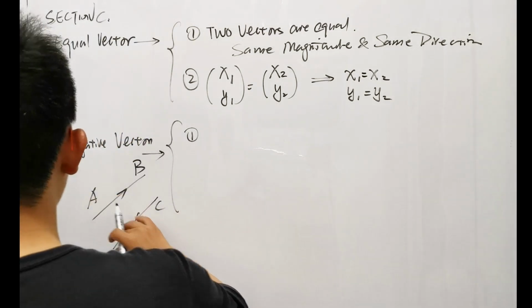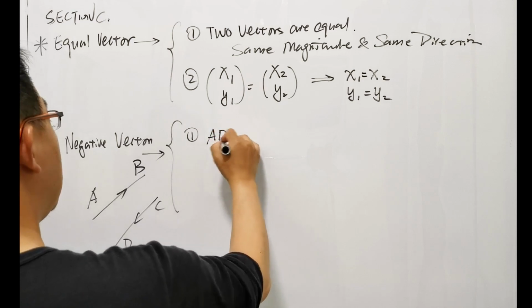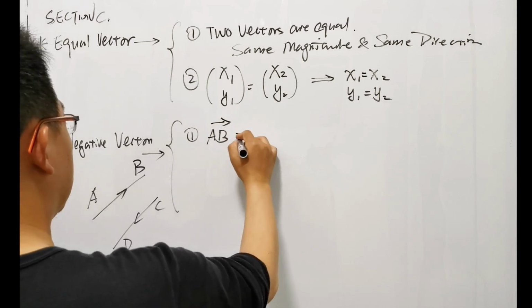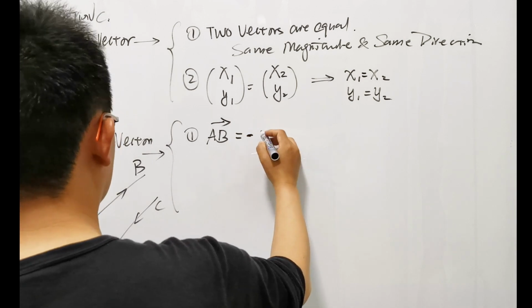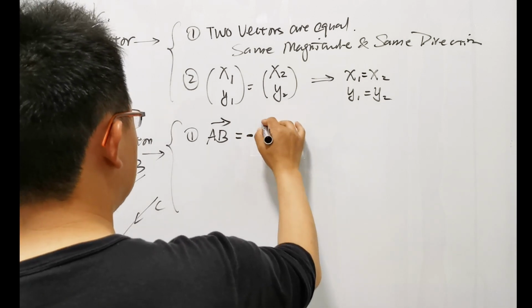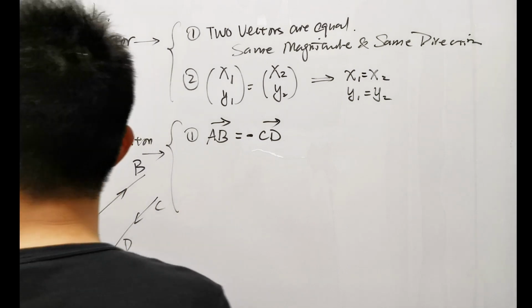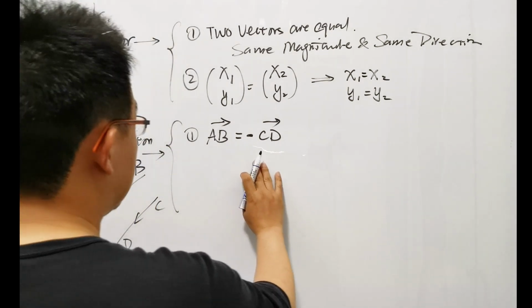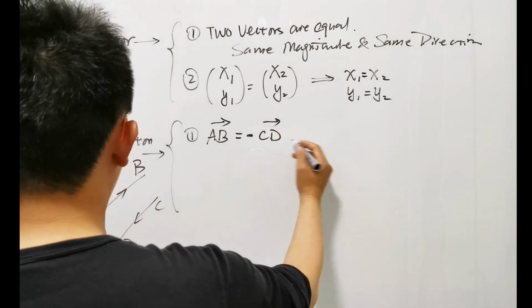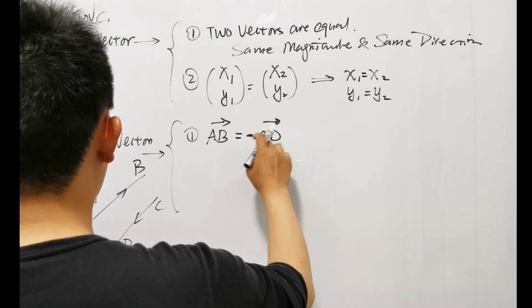From these two items, we know vector AB equals minus CD, because these two are in opposite directions. This is called negative vectors.